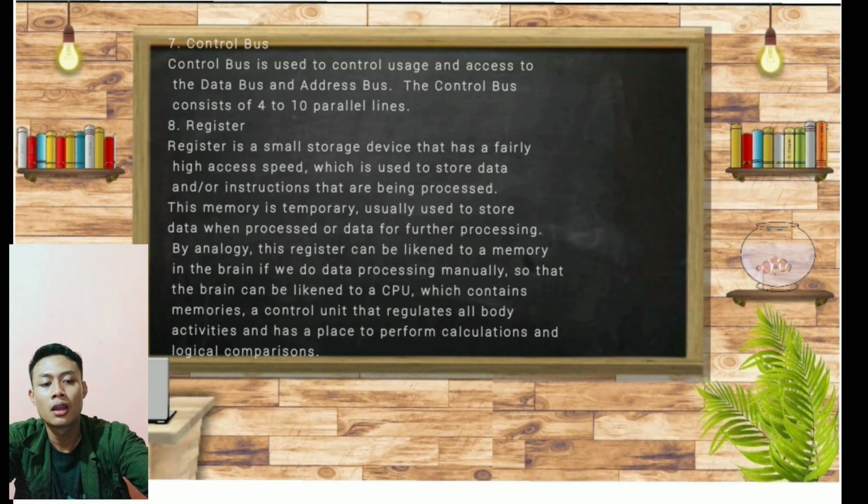A register can be likened to the memory in the brain when we process data manually, so the brain can be likened to a CPU, which contains memory and control units that regulate all body activities and has a place to perform calculation and logical comparison.